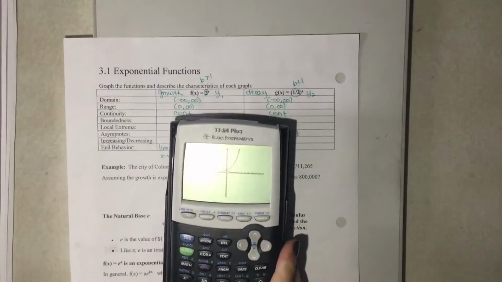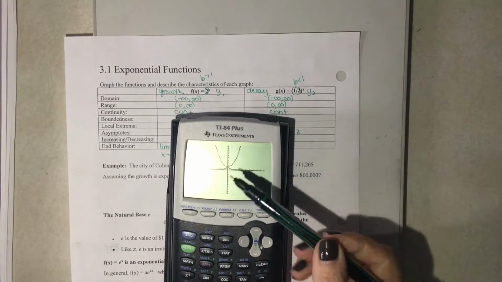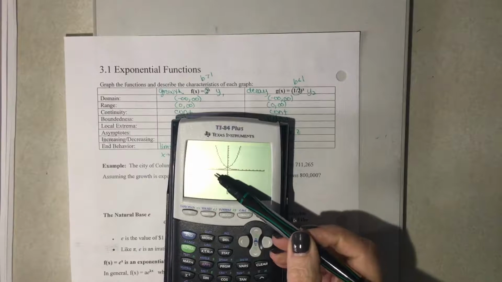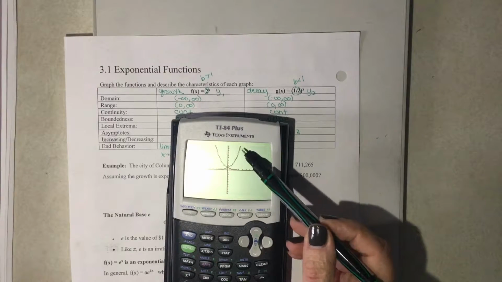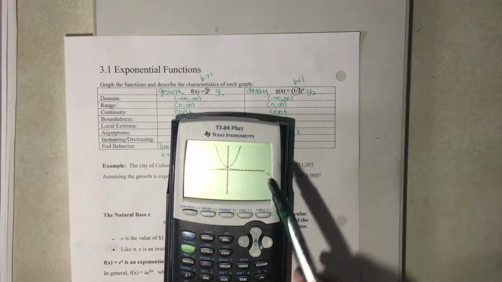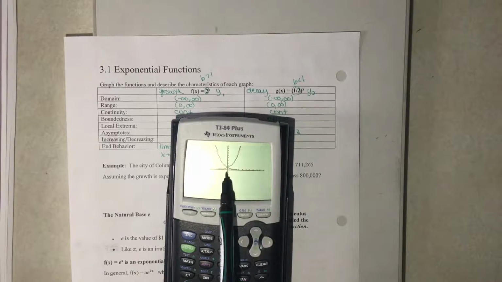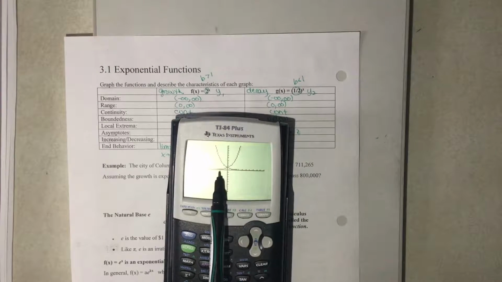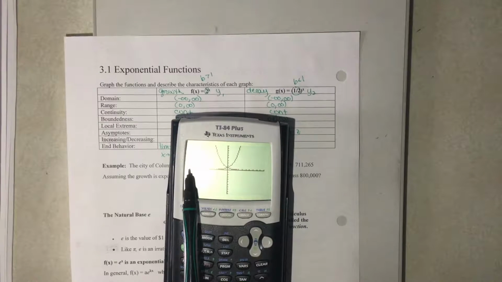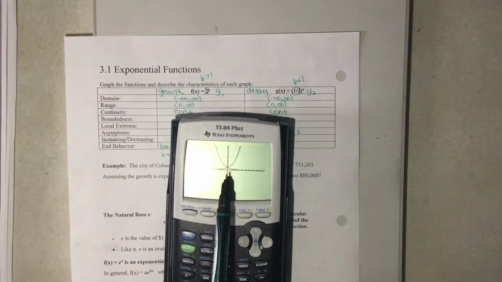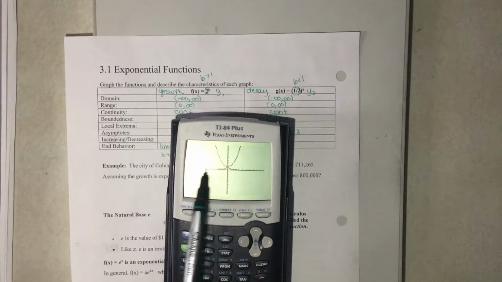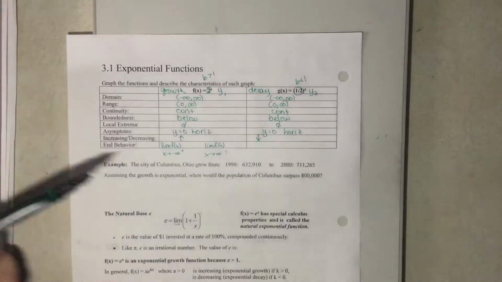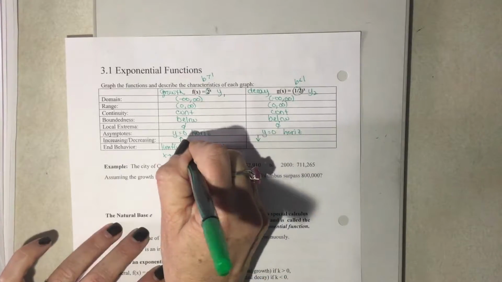So I look at my graph, and my growth, my f of x, starting at the left, going to the right. As x goes to negative infinity, what is the behavior of the graph? It approaches 0 because that's the side of the horizontal asymptote for my growth. So this approaches 0.